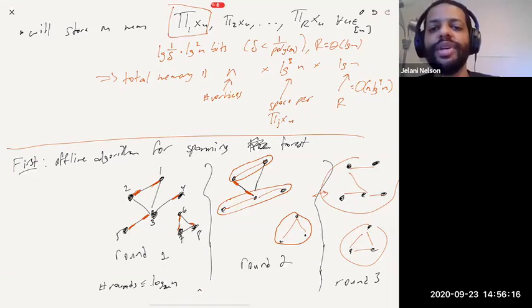So question for you. I'm using an R factor larger memory because I have R different sketches for each vertex. Why do I do that? Why don't I just store pi xu? Just always use the same matrix pi. In round one, I'll query all the pi xu's. I'll get some edges to merge. I'll add the corresponding pi xu's together.